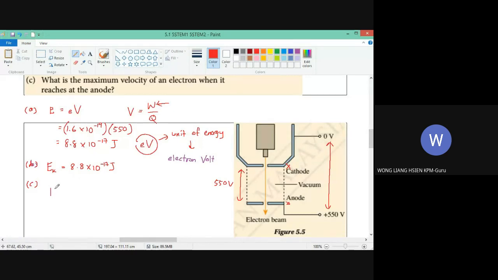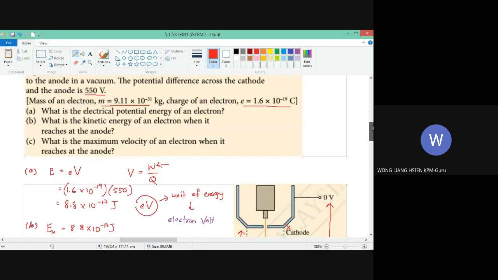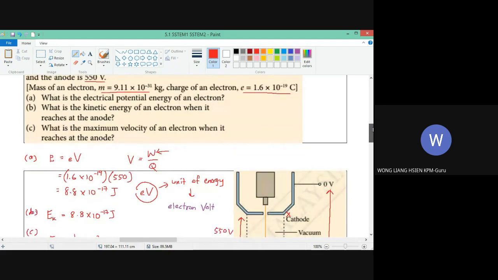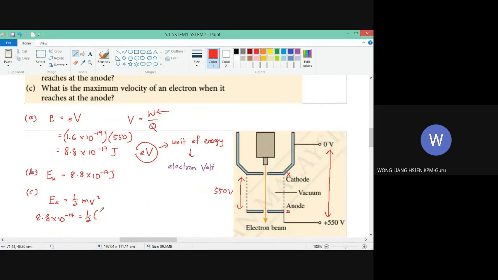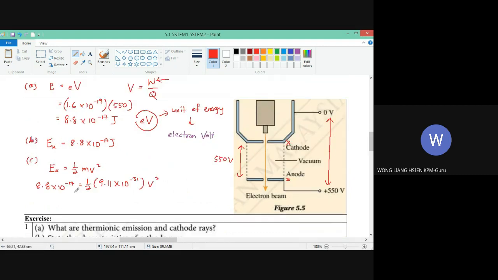So, kinetic energy equals half mv squared. So 8.8 times 10 power negative 17 equals half the mass of the electron, 9.11 times 10 power negative 31 kilogram, times velocity squared. So how much is the velocity?